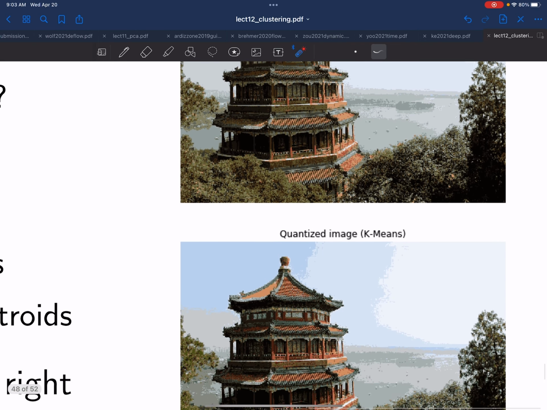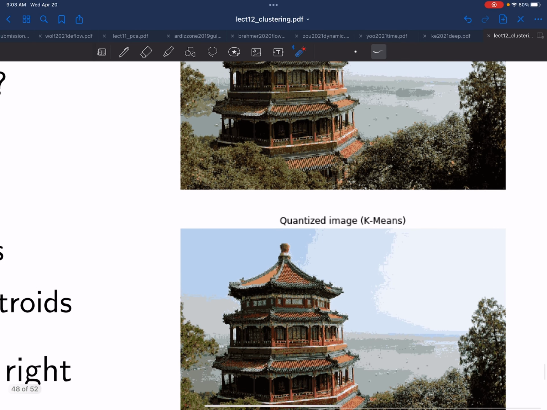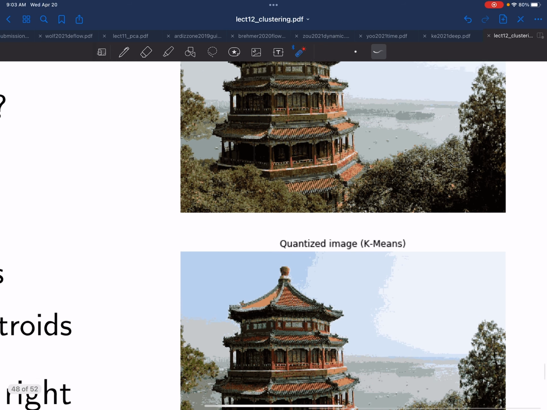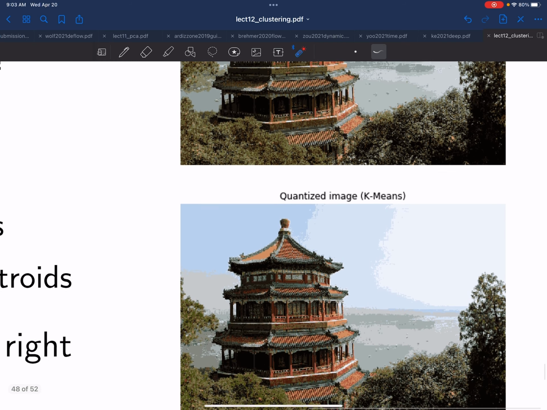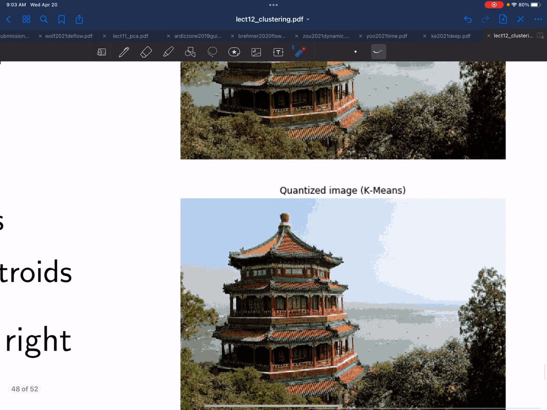Let's see what happens with k-means. K-means, the island is definitely not as well represented. The sky looks similar, maybe, to GMM, but over here, this part doesn't look as nice.